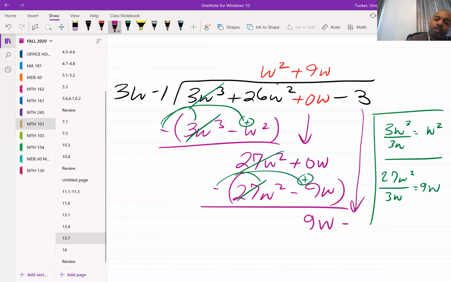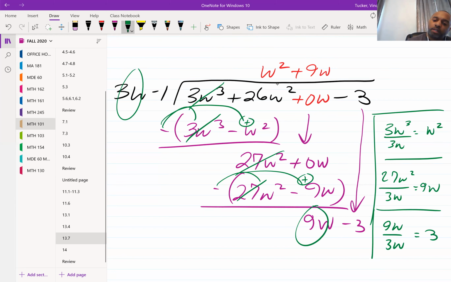Bring down -3. Once again, for our last piece, how many times does 3w go into 9w? And that is 3 times.